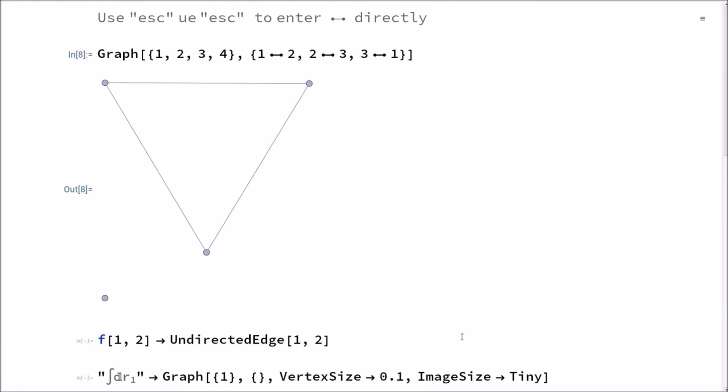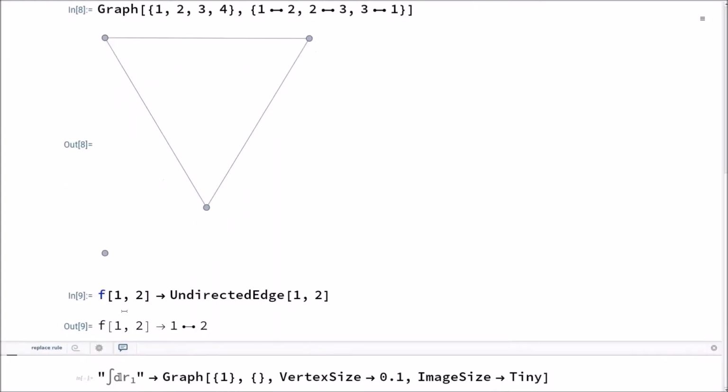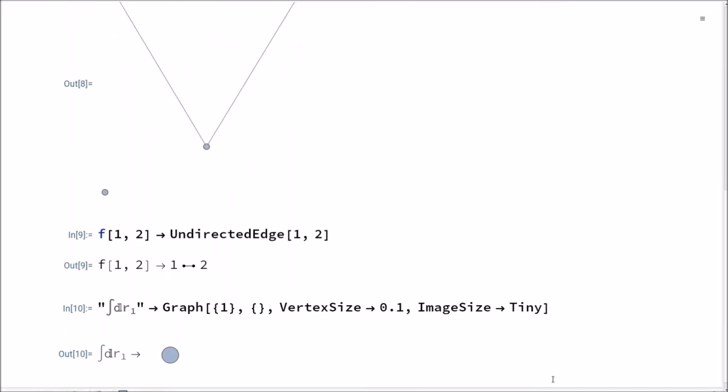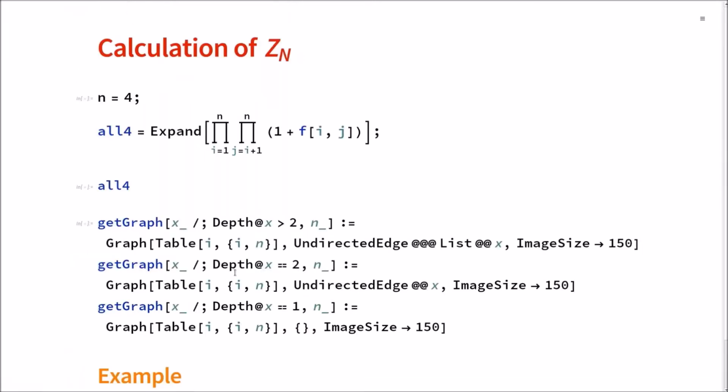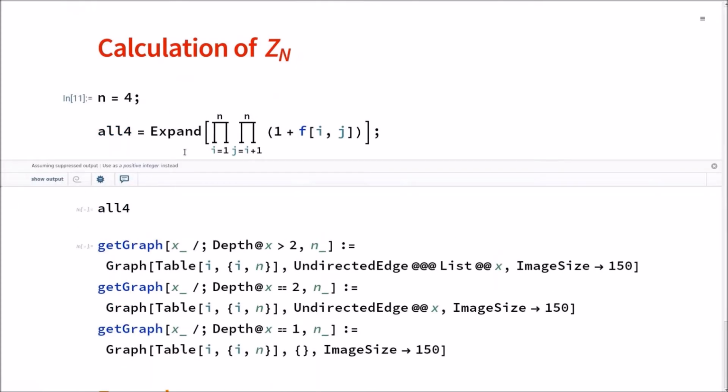Okay. So what we have to do is translate our expression. We replace our cluster function by the undirected edge, and the integrals become these nodes or vertices. And this we can pack into a function. So here we again define our contribution to Zn.